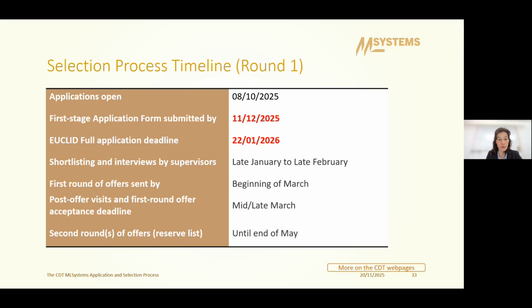First round of offers will be issued by the beginning of March, but the reserve list and the offer process means that it can take until the end of May for you to receive an offer from our CDT. This is the timeline for the first round of recruitment.